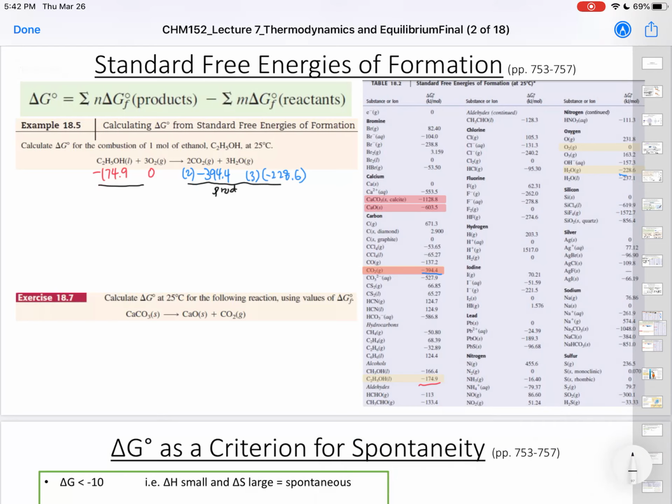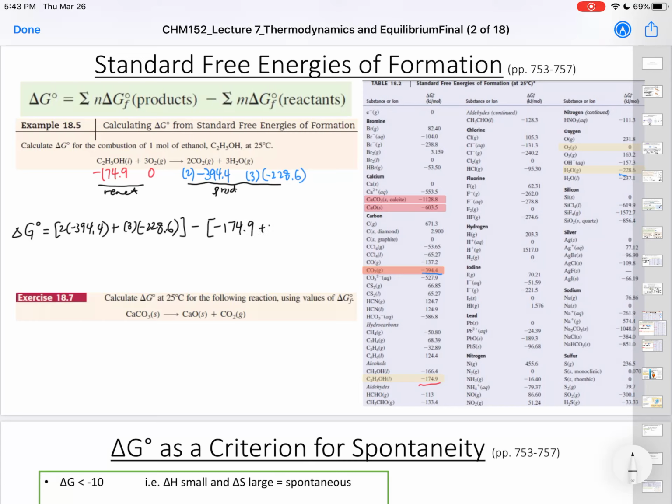Having those values in hand, really it is just take your products and subtract your reactant values. So your delta G would equal 2 times minus 394.4 plus, it's a sum, 3 times minus 228.6.